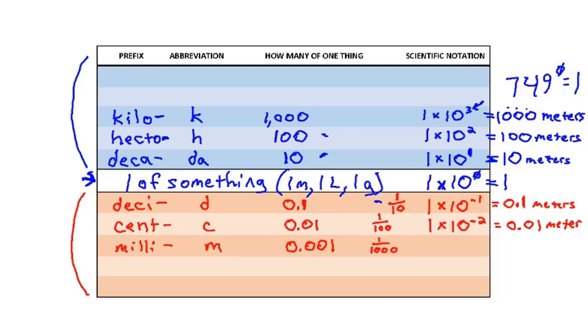Hecto is going to be 100 of something. Centi is going to be 1/100th of something. Kilo is going to be 1,000 of something, and milli is going to be 1/1000th of something. So that means it's going to take 1,000 milligrams or 1,000 millimeters to make up 1 meter. And that is written in scientific notation 10 to the negative third. Because 1, 0, decimal point, 2 zeros, 3 zeros, and then a 1.